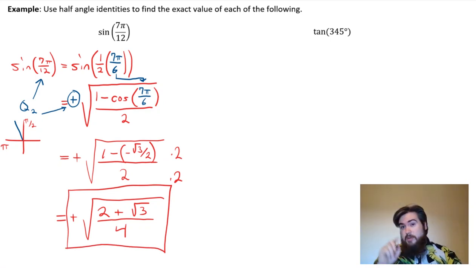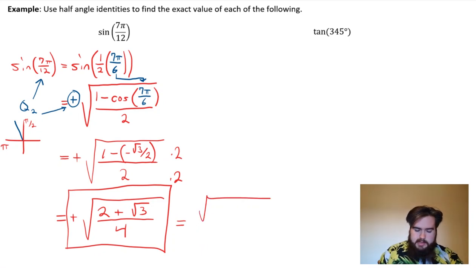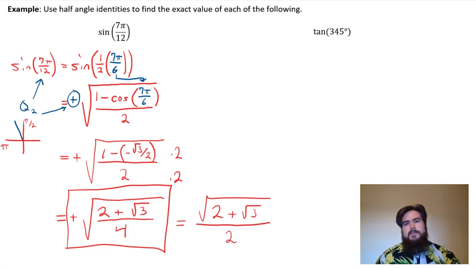However, some prefer to go a step further, noticing that the denominator is technically the square root of 4, which we should know. So some will also elect to write this as the square root of 2 plus square root of 3, divided by the square root of 4, which is 2. This would also be a valid result.